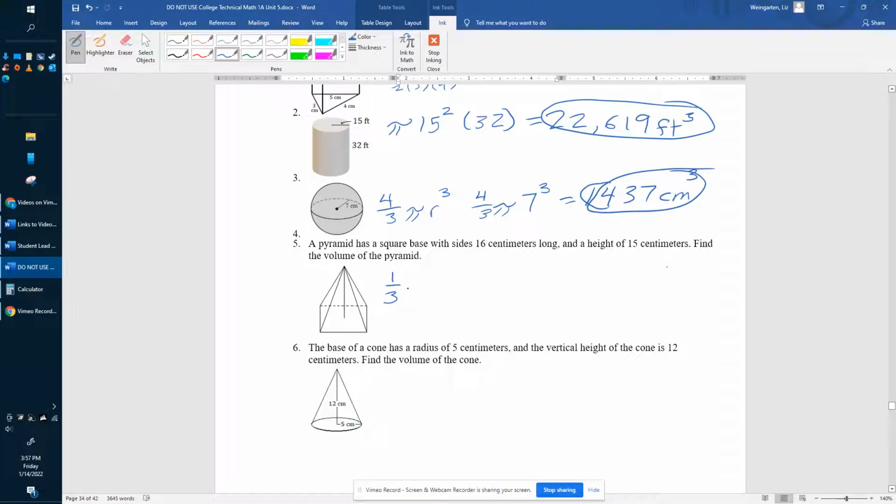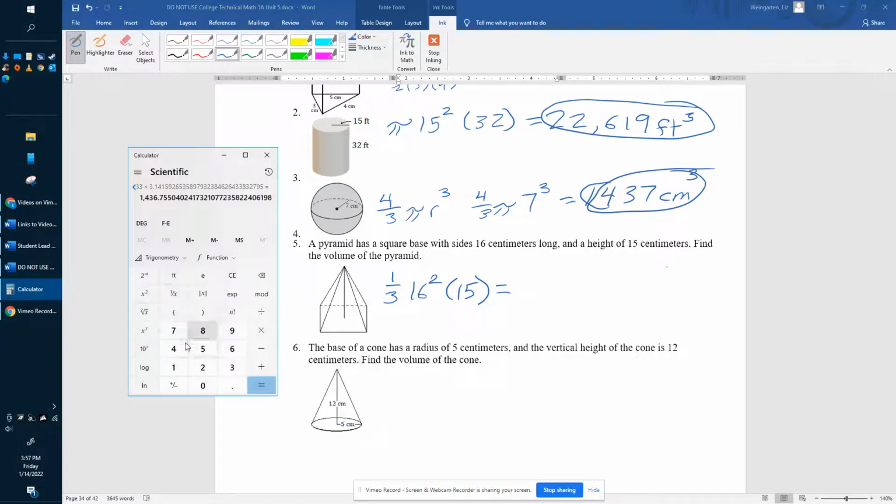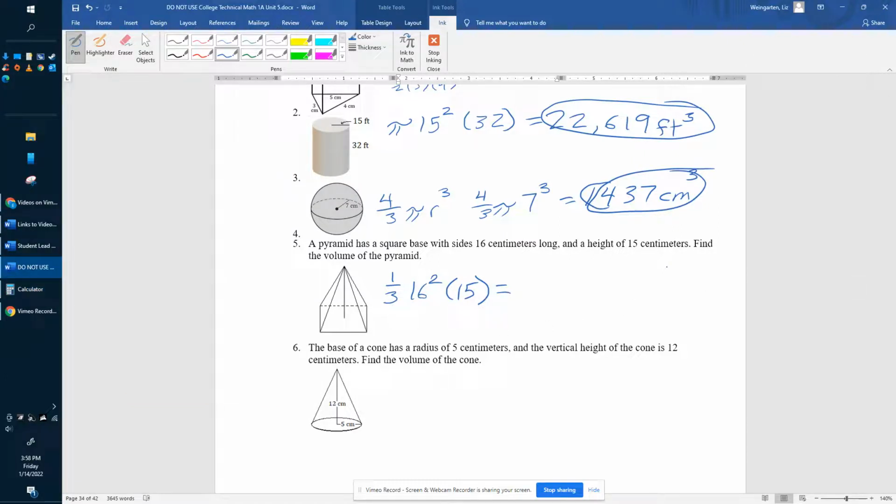The area of the base is going to be 16 squared times the height of 15. 16 squared, you think I'd have that memorized by now, times 15 divided by 3, 1280 centimeters cubed.